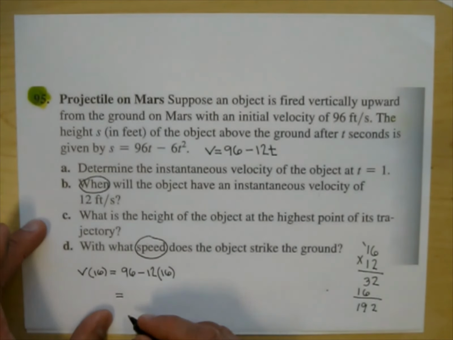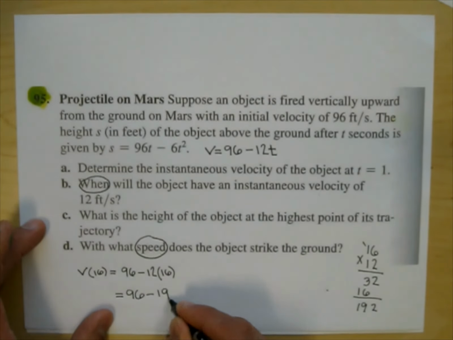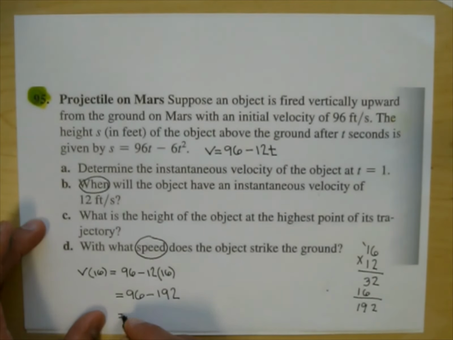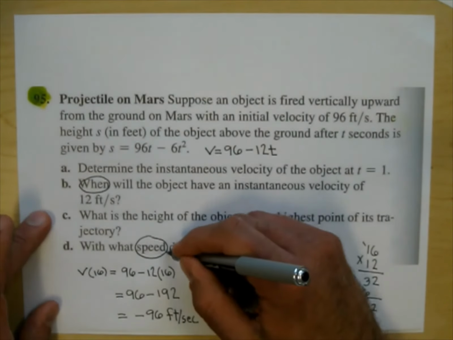Okay, so what is this? We have 96 minus 192. So this is going to give me a negative, what is it going to be? 96. So the velocity is negative 96 feet per second. But they say, what is the speed?